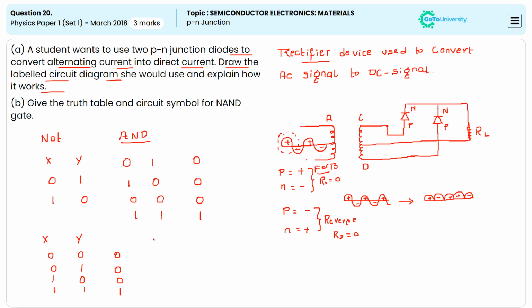Then the resultant output Z passes through the NOT gate: if it is 0, the output is 1, and if it is 1, the output is 0. This is the truth table for the NAND gate.